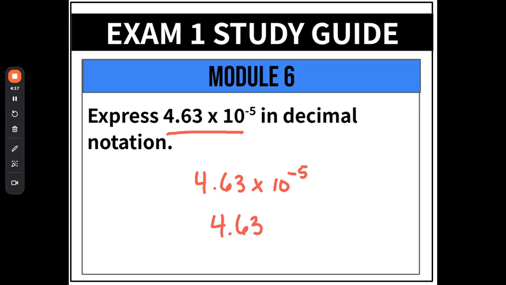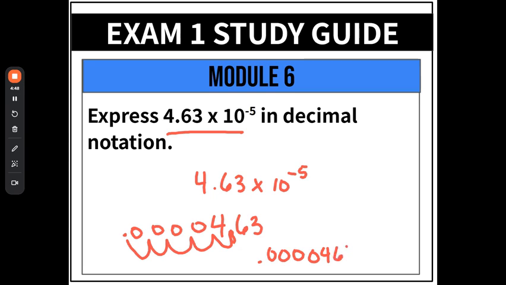My number is going to be getting smaller. So I'm going to move 5 times. So I'm going to go 1, 2, 3, 4, 5. My decimal is going to go right there. And then zeros can go in these little pockets that I've created for them. And my number is going to be 0.000463.